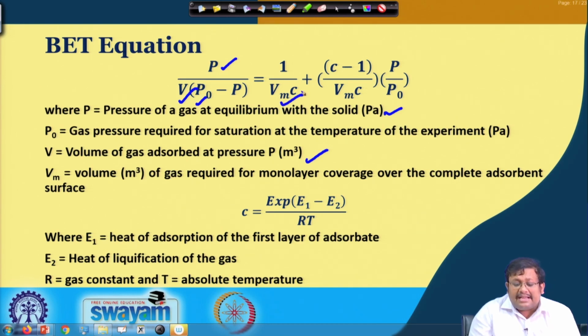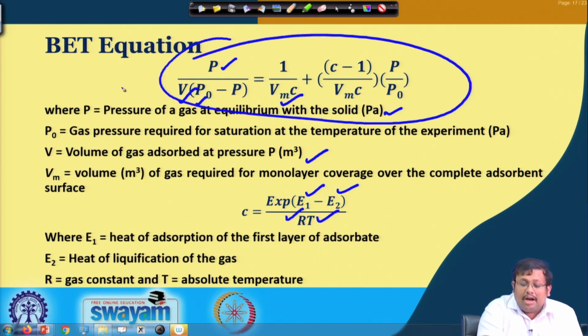Vm is the volume of gas required for monolayer coverage over the complete adsorbent surface, and C is a constant which you calculate using this formula, where E1 is the heat of adsorption of the first layer of adsorbate, E2 is the heat of liquefaction of the gas, R is the gas constant and T is the absolute temperature. So, by using this BET equation, we can calculate the monolayer adsorption of nitrogen. How? Let us see.